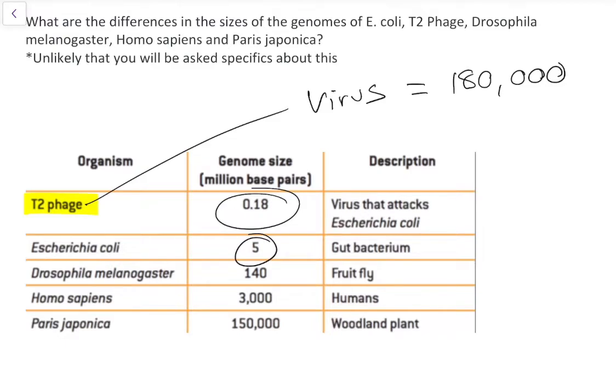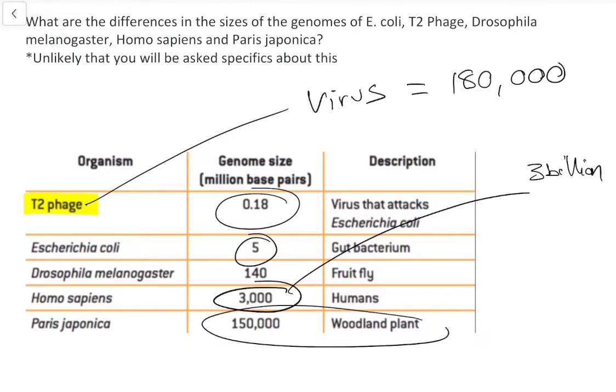And then we've got a human which has got 3,000 million, that's 3 billion base pairs. And so we mentioned this before, that we get plants that have more, and this is due to duplicated chromosomes and DNA. So it's not necessarily that if you keep on adding more and more DNA that you get more complex.